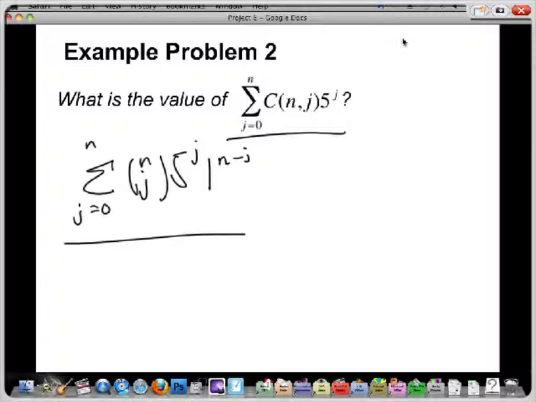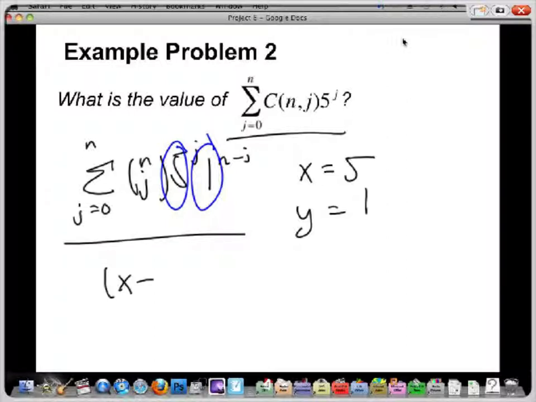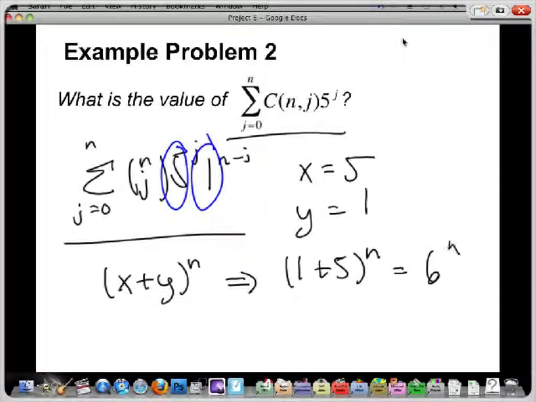In this form, we can see that this is the binomial theorem with x equals 5 and y equals 1, so we can plug this into our general statement, giving us (1 plus 5) to the n, which gives us our answer of 6 to the n.